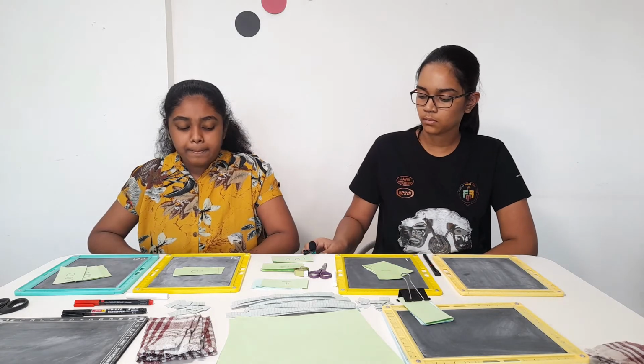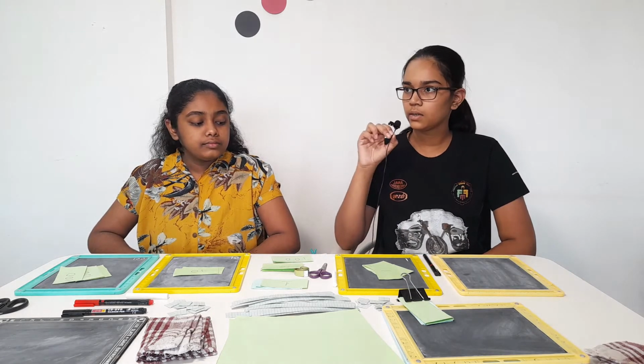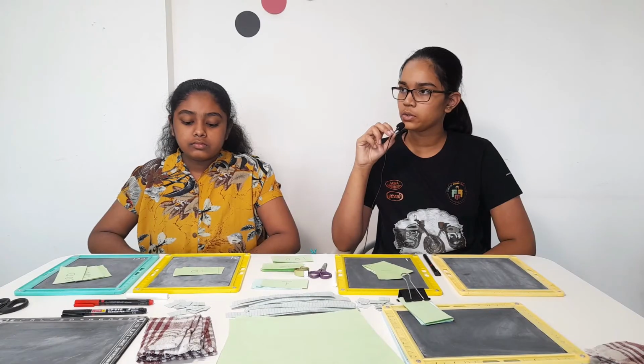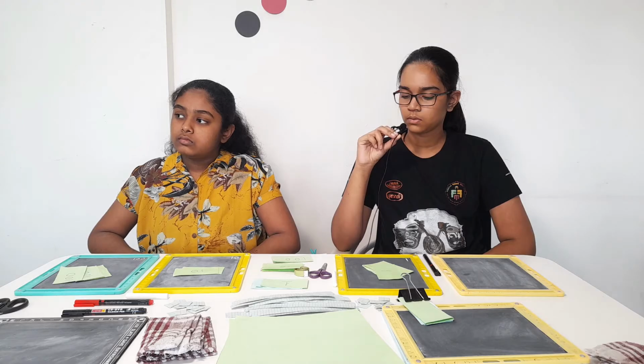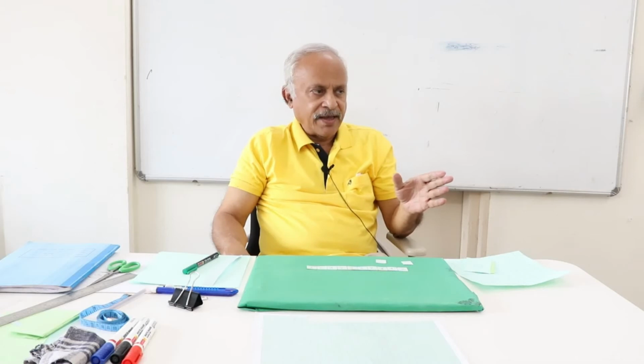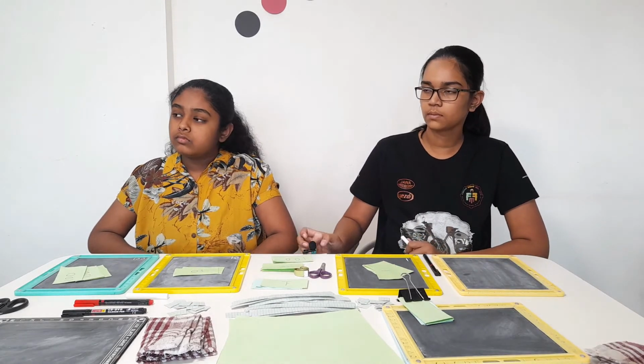Okay, so now, Nandita, there are how many hundreds? 3. How many tens? 2. How many ones? 5. And can you write that number in the expanded form? You know, we write that as something plus something plus something.